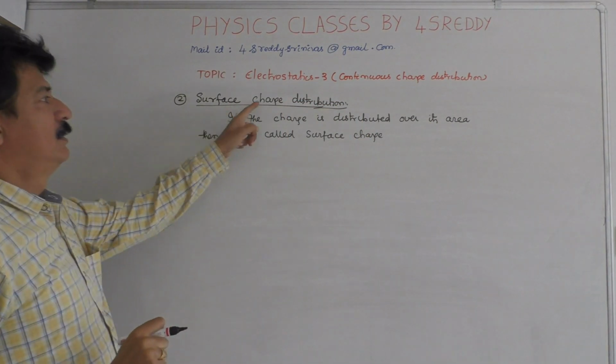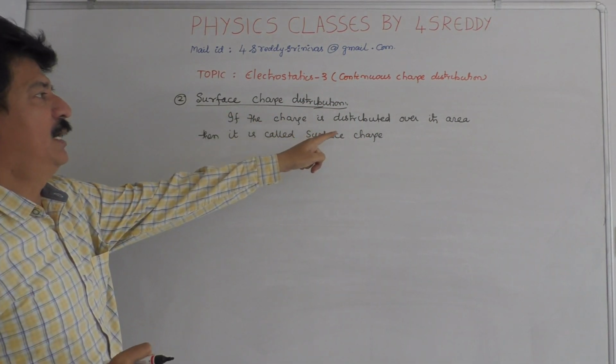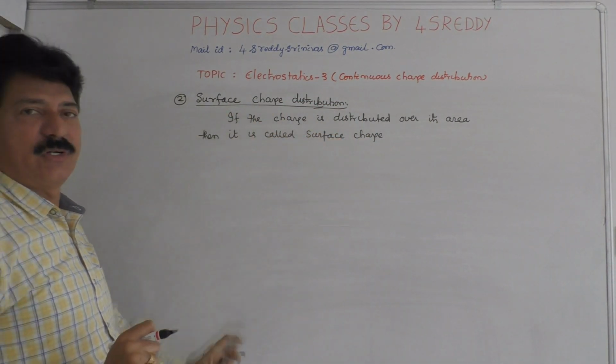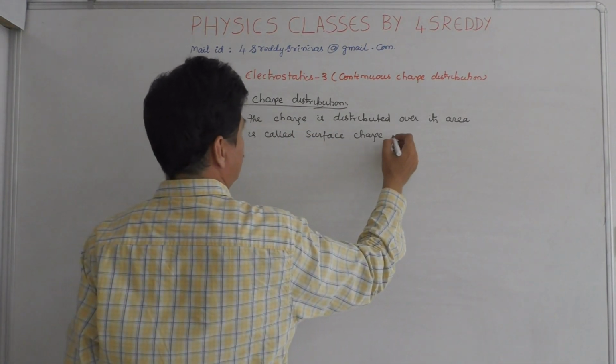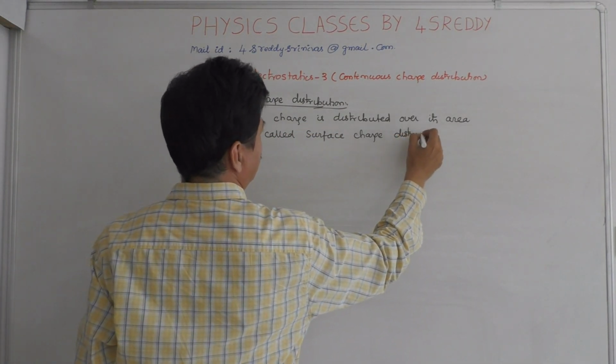If the charge is distributed over its area, then it is called surface charge distribution.